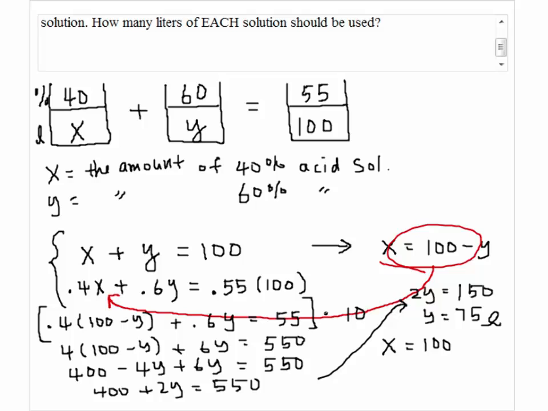So we have x equals 100 minus 75, which is 25 liters. So we need 75 liters of 60% acid solution and 25 liters of 40% acid solution.